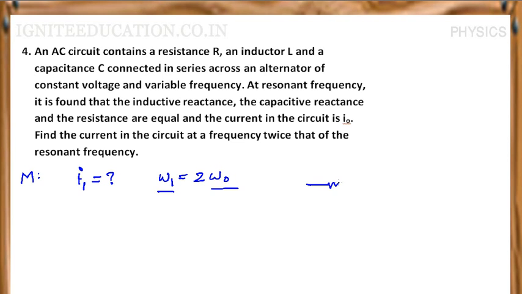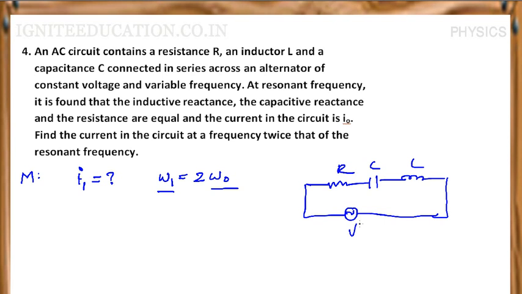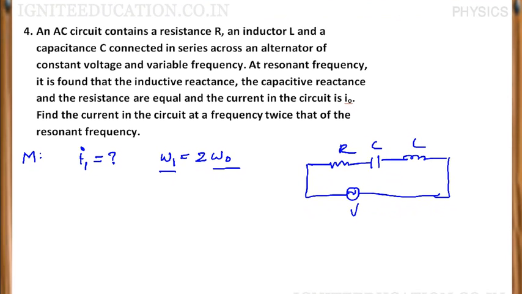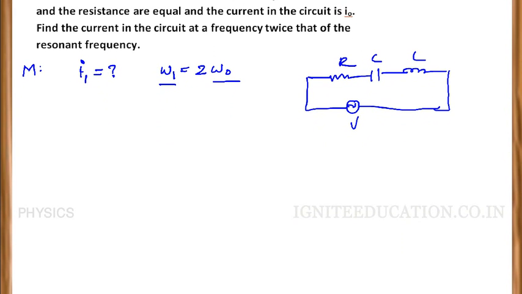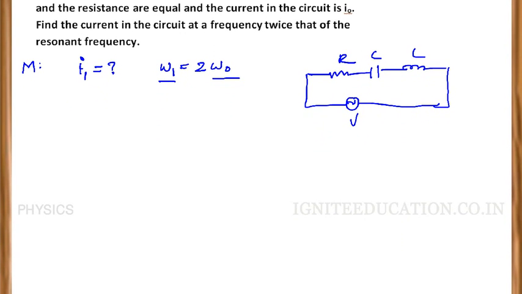So as usual, we have a resistor, we have a capacitor, we have an inductor which are connected to the alternating source, RCL, and this is V. According to the problem, we have a motto which is to find the current, and now we will investigate what quantities are given.